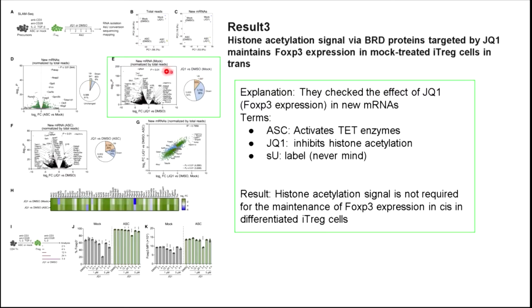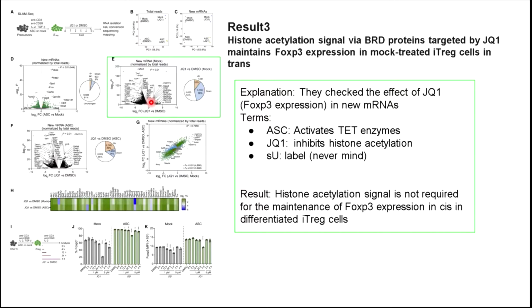Figure E shows that Foxp3 new transcripts were not significantly changed in JQ1 treated iTreg cells without ASC. Please remember that the previous result showed lower Foxp3 expression after long-term JQ1 treatment. In this short-term 5 hours treatment, Foxp3 new transcripts were not significantly changed.